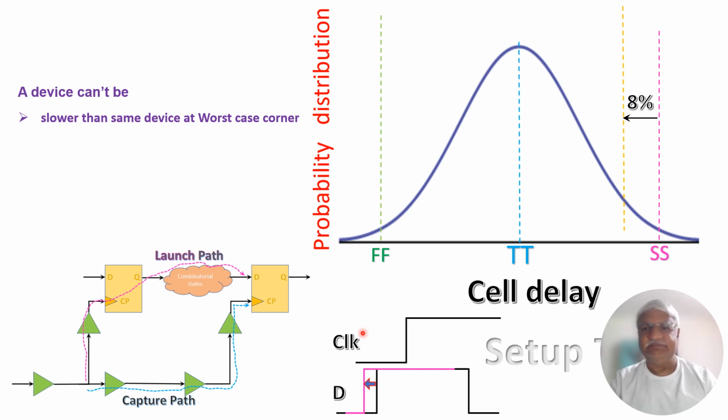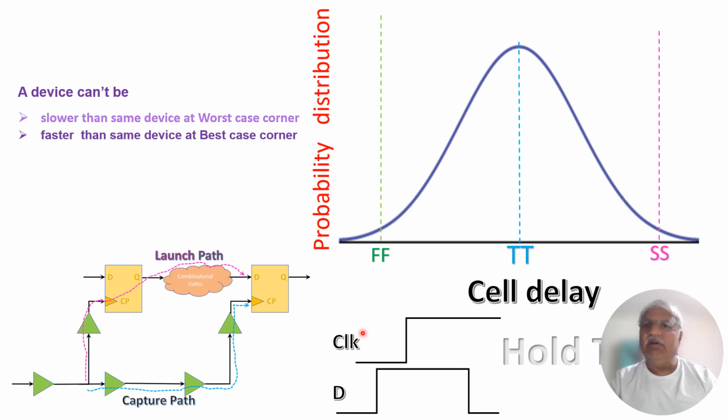Coming to the hold time scenario, a device cannot be faster than the same device at the best case corner. There cannot be devices in this fashion, since this is the fastest device we have figured out based on the distribution.